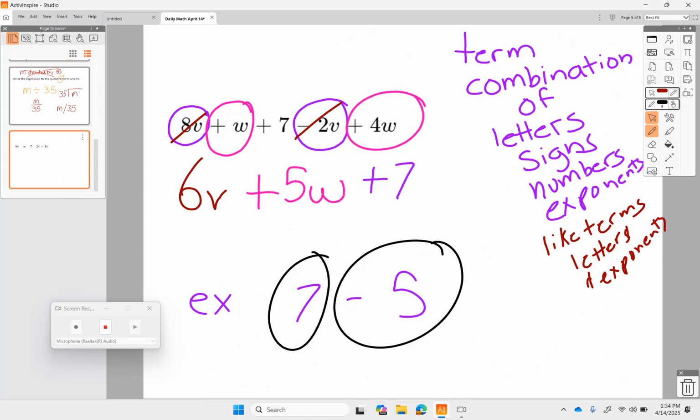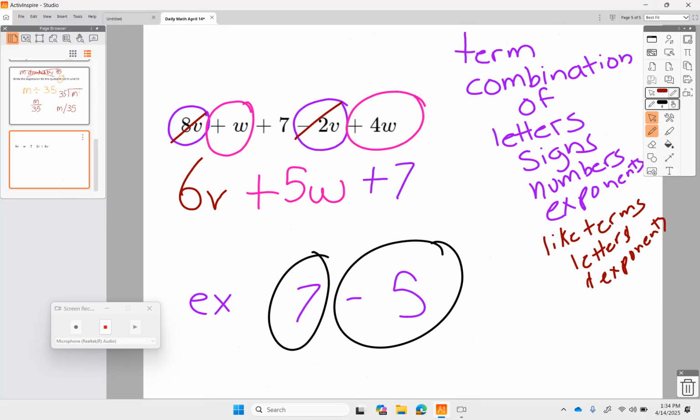They don't have a letter. So that's why they're like terms. I think you were trying to explain that when I was talking about this, because you said something about the numbers if there's no letter. Okay, so I want to make sure you understand that.